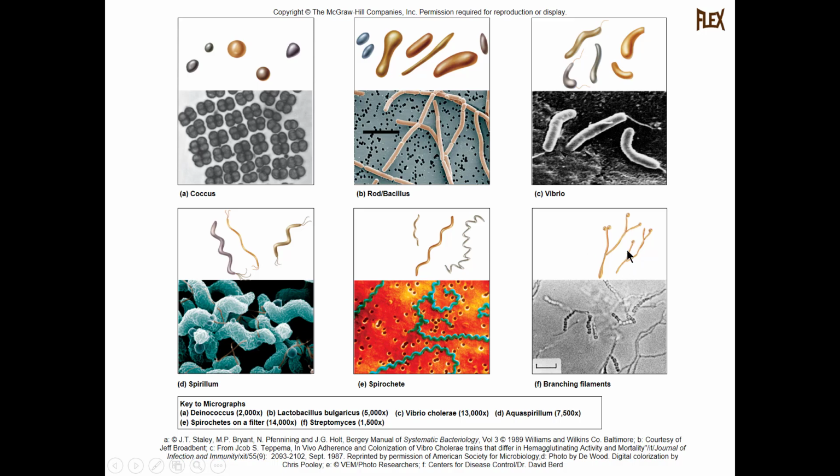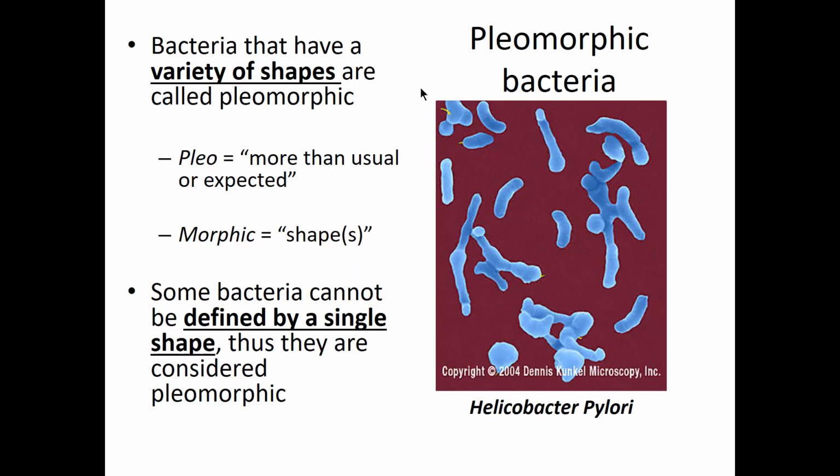Now, in the common list, we don't often include branching, but this figure does include a branching variation that you could include in that list there. Note that not every cocci cell is perfectly spherical, nor is every rod-shaped cell the same kind of general rod shape. So these are general depictions, not necessarily a concrete, accurate description of the shape.